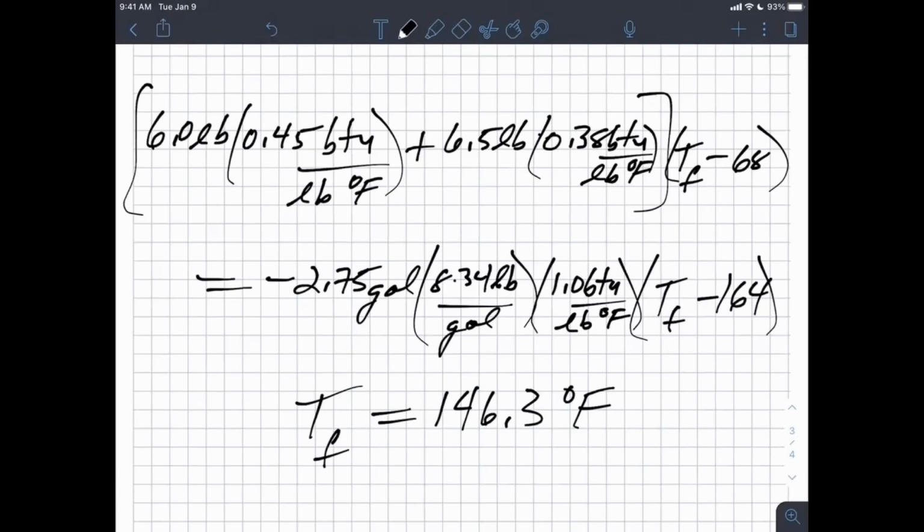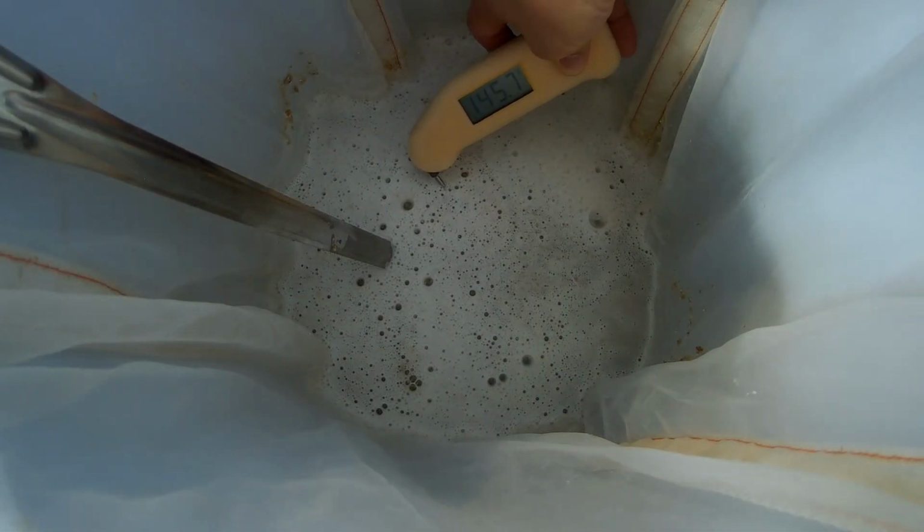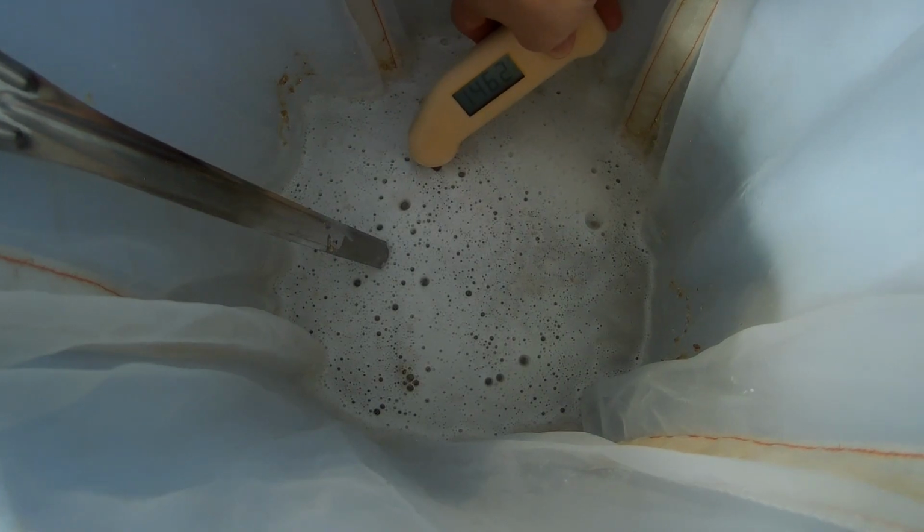So now let's go back and look and see what it finishes at. Okay, not too bad. We calculated 146.3. We measured 146.4. So that's pretty good.